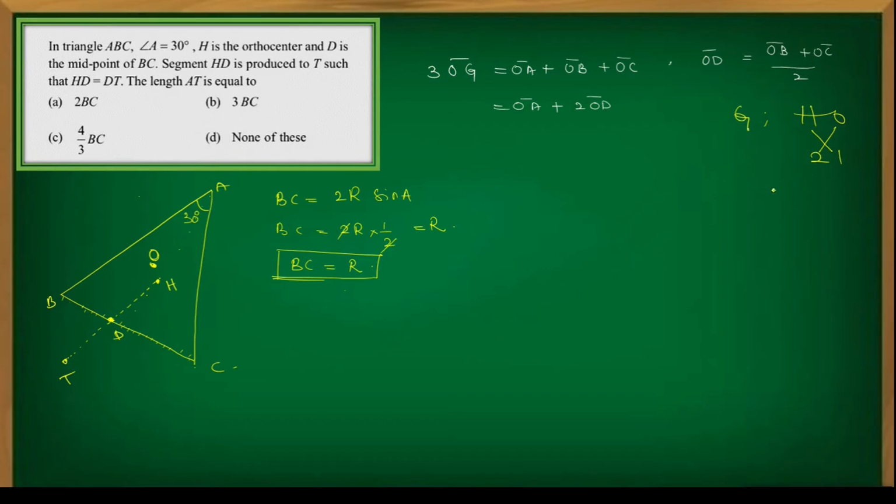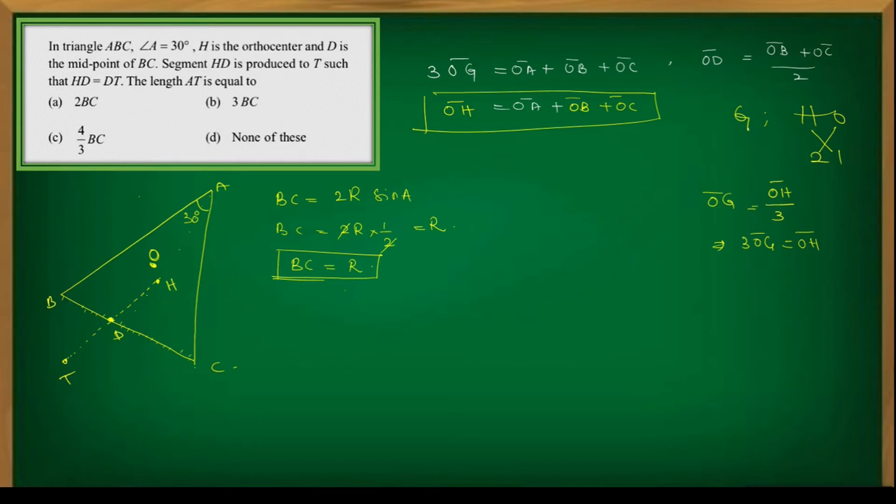So you'll get (1 OH plus 2 OO) by (2 plus 1), which is 3, equal to G. So what you got here? 3 OG is equal to OH. So OH is equal to OA plus OB plus OC now. I got the position vector of the orthocenter. OH is the same as OA plus OB plus OC in this case.